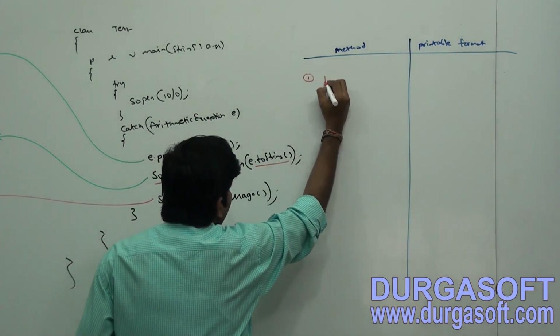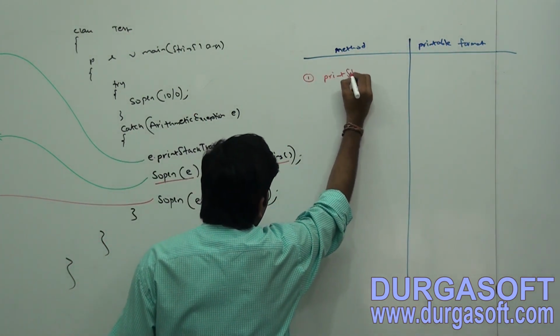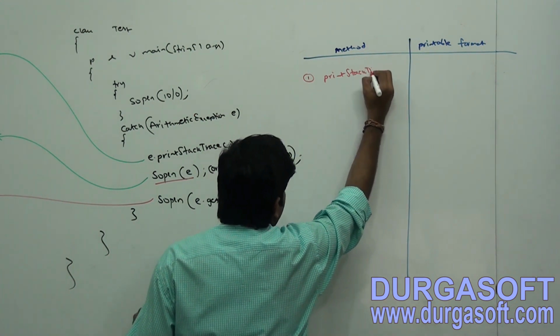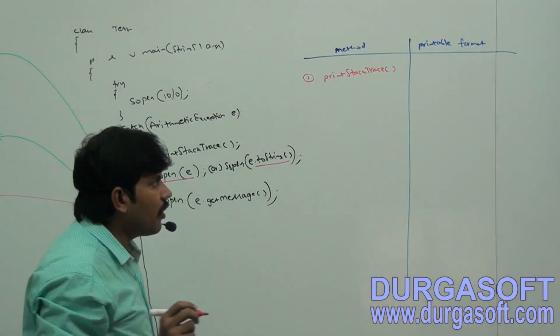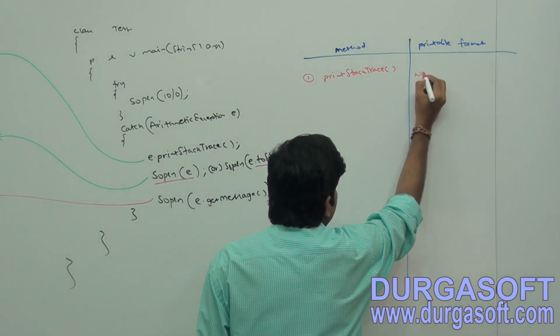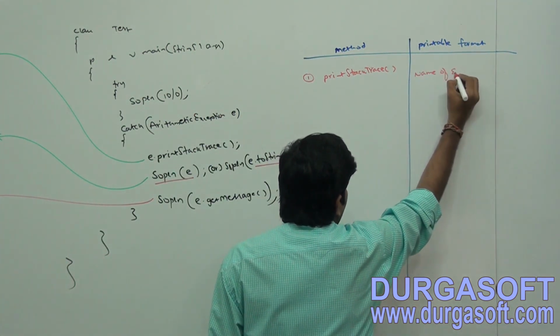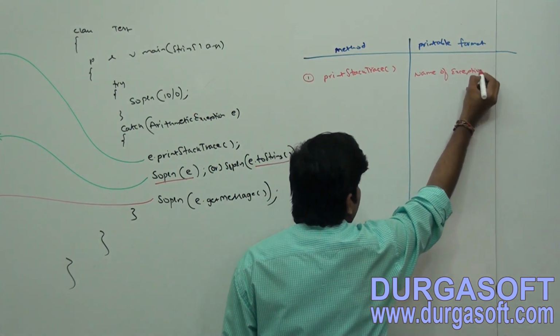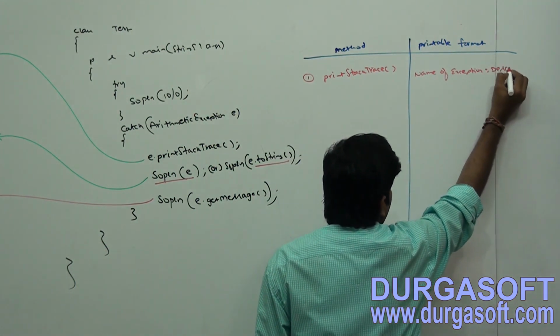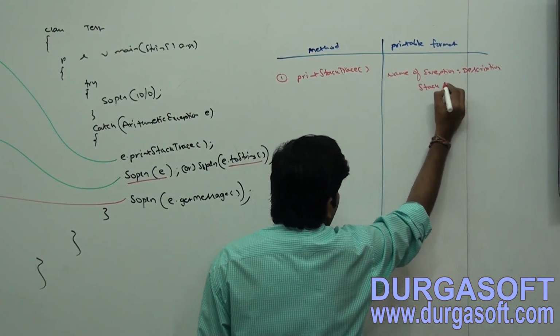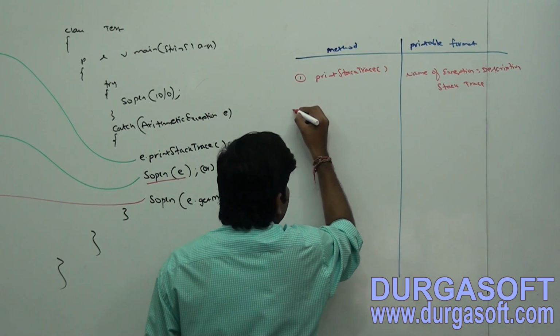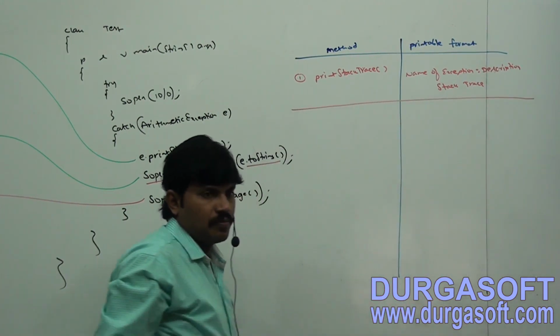First one, printStackTrace. In which format did the output come? Name of exception colon description of exception, and then the stack trace. Okay, that's all. This is the first format.